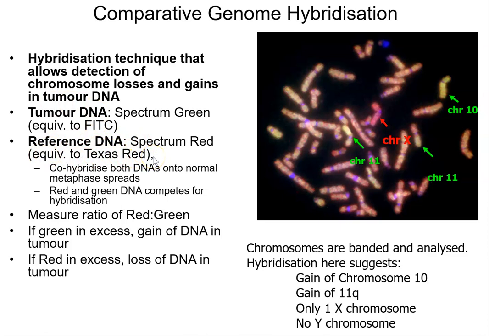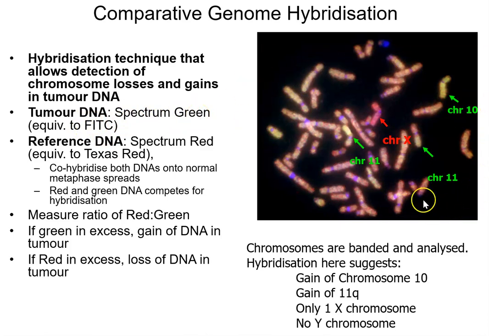So we extract some DNA and use some DNA polymerase and some Texas red labelled nucleotides, or spectrum red, some other red dye. Label that DNA red, take some tumour DNA, in this case from a uveal melanoma, label that DNA green with either spectrum green or FITC, and then co-hybridize that DNA onto a normal metaphase spread.